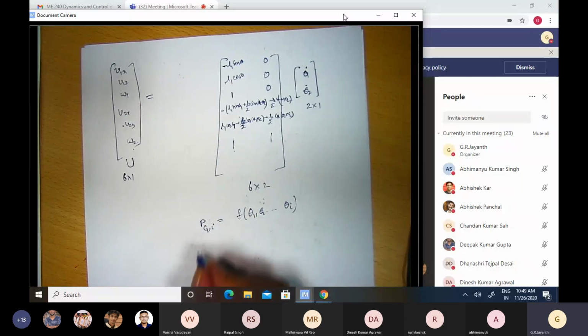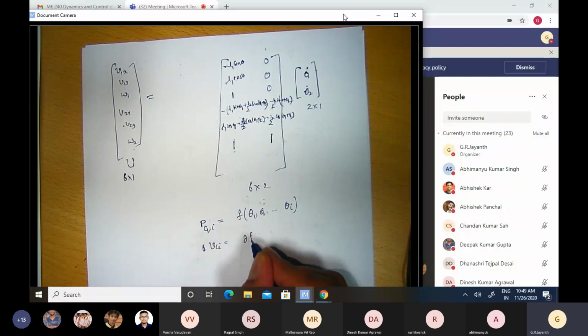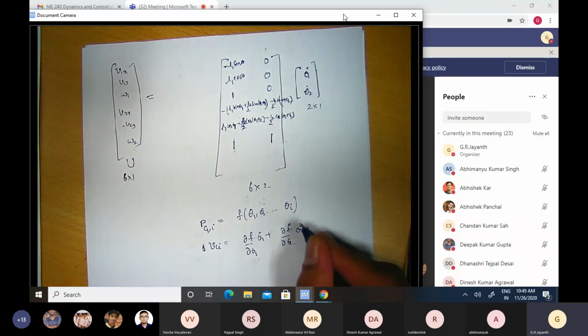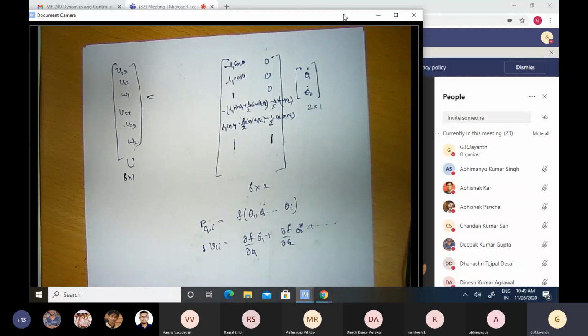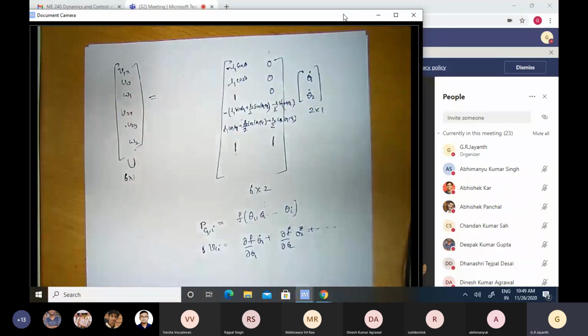So the velocity Vgi will be equal to partial of f with respect to theta 1 times theta 1 dot plus partial of f with respect to theta 2 times theta 2 dot, and so on. That's exactly what we have done here to obtain the expression for the 2R manipulator.